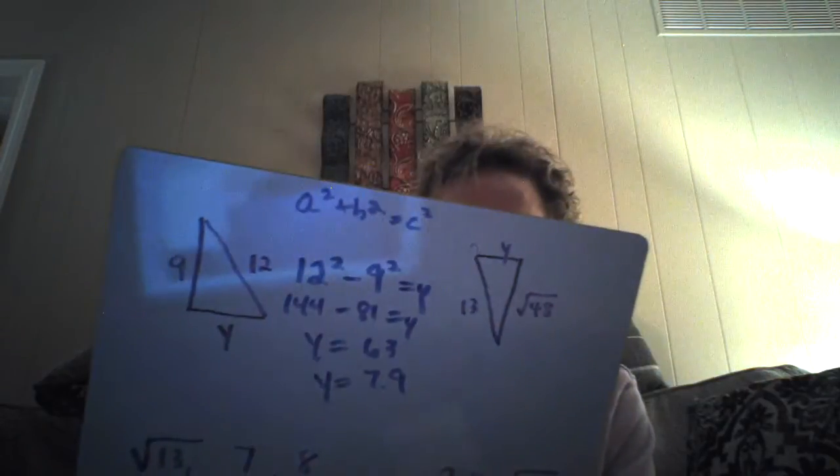I'm going to put the square root of 63 in my calculator, and I get 7.9. The number behind the 9 is a 3, so I do not round it up. Do not forget to do this step. Do not forget to take the square root. That's a very important step.